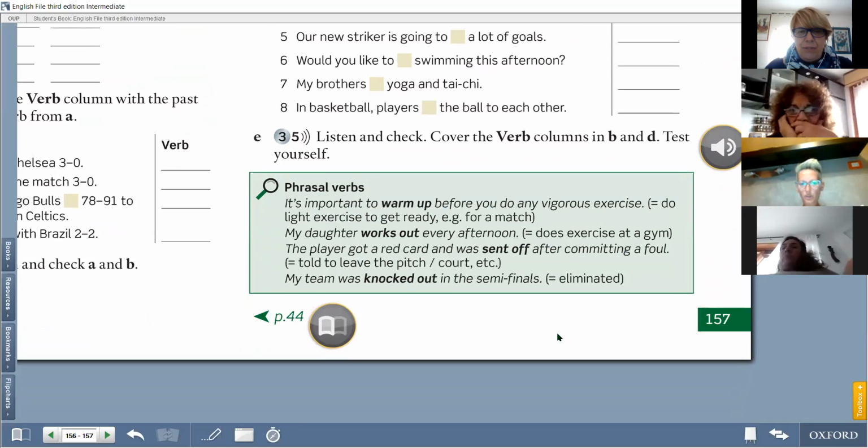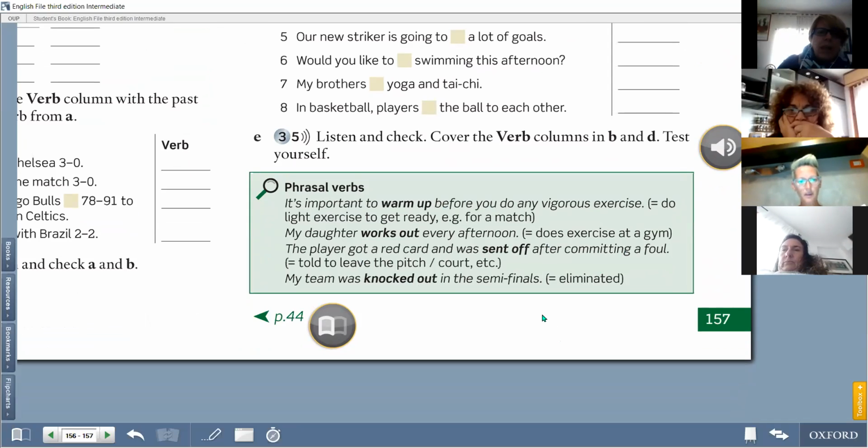Myla, could you read the last exercise with the phrasal verbs? It's important to warm up before you do any vigorous exercise, equal do light exercise to get ready, for example for a match. My daughter works out every afternoon, equal does exercise at a gym.